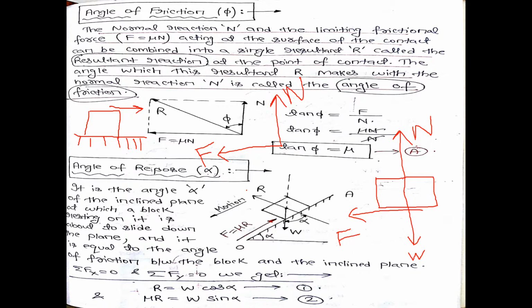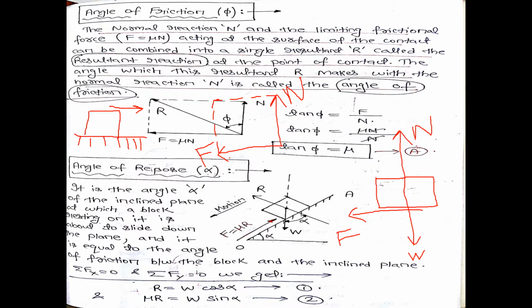For that I have to apply the parallelogram law, because if there are two forces originating from a common point, then the resultant of those two forces is given by the parallelogram law. In order to draw the parallelogram, I will draw a horizontal straight line of length equal to force F, and from the end of F I will draw a vertical line of magnitude equal to N. Now this becomes a parallelogram.